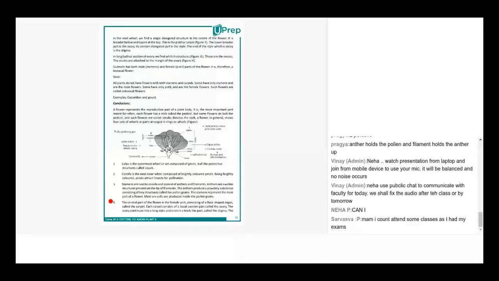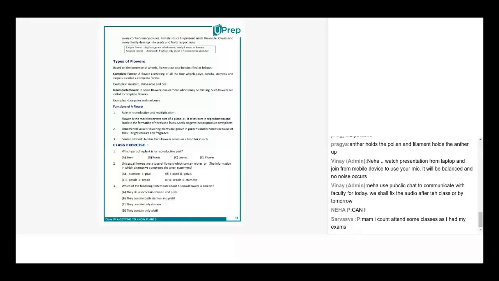The ovary continues into a long style and ends in a knob-like part called the stigma. The ovary contains many ovules. The female sex cell is present inside the ovule. The ovules and ovary finally develop into the seeds and fruits respectively. So this is what we have been discussing. Thank you, Anjali. So that was about the four whorls of a flower.